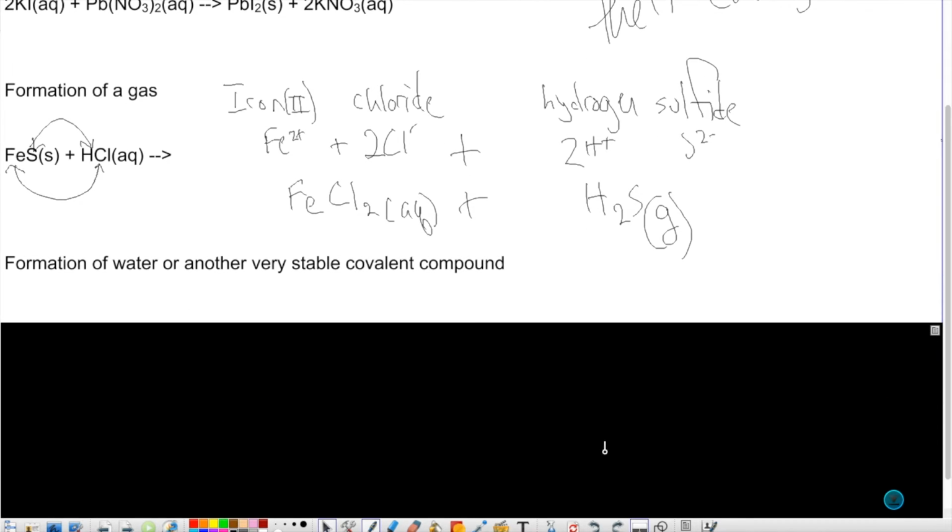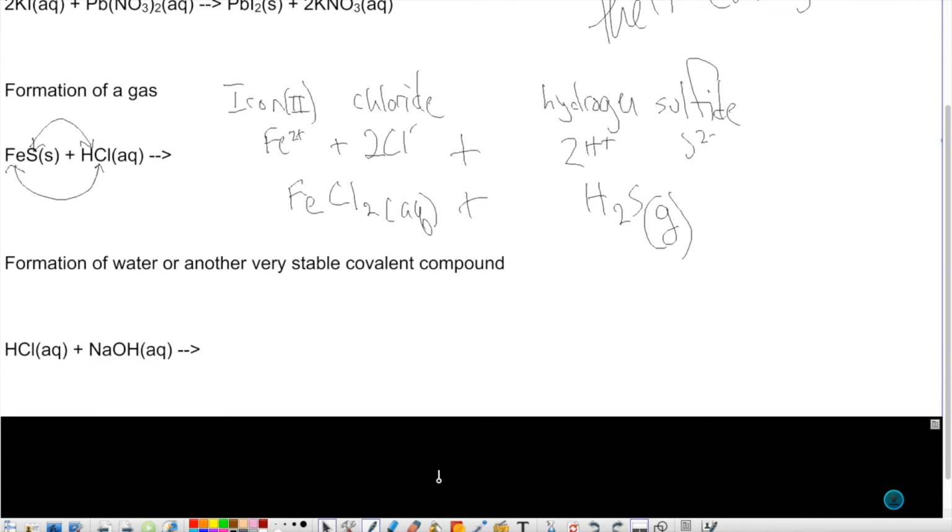The other way that we can do this is the formation of water or another very stable covalent compound. So we've got HCl and NaOH. The H is going to team up with the OH, and that looks like it's going to be our water. Then the Na is going to team up with the Cl.